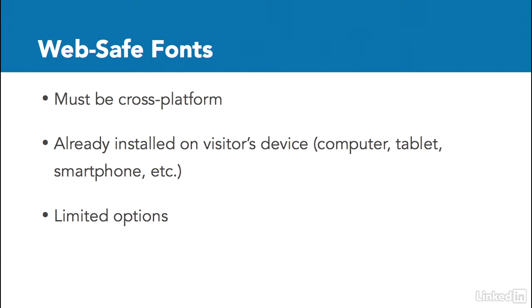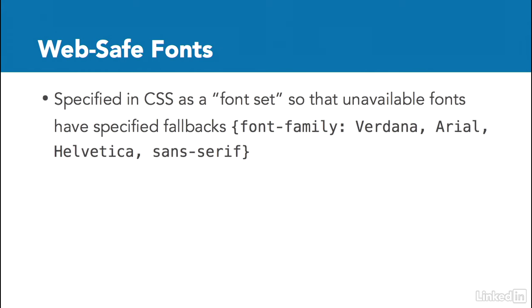Since there is no guarantee if a website visitor will have a particular web-safe font already installed on their device, most web-safe fonts are specified in CSS as part of a font set. Font sets ensure that unavailable fonts have a specified fallback. For example, you could specify that Verdana is your main font in your CSS, and then have Arial, Helvetica, and Sans Serif as the fallbacks.